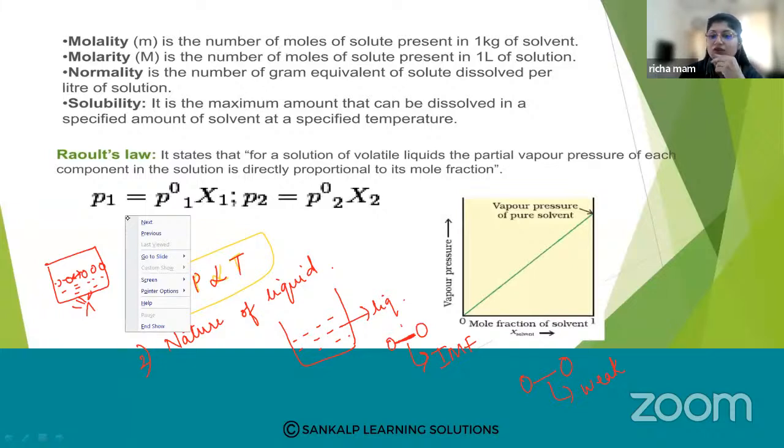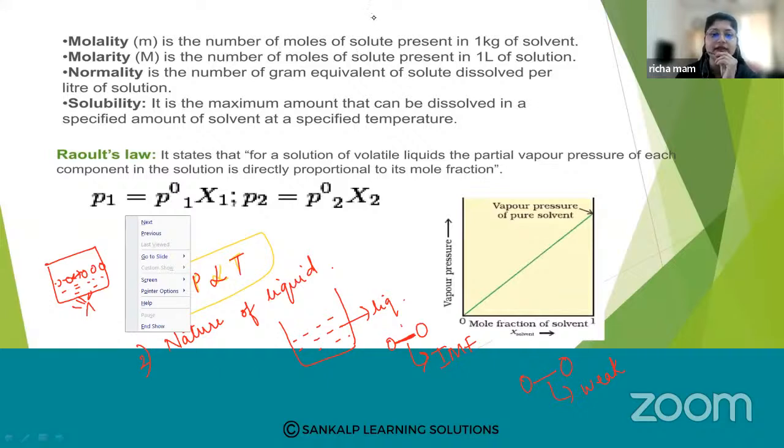So this is in the case of weak intermolecular forces. In the same way, with strong intermolecular forces, it is very difficult to break, the number of vapors formed will be less, and as a result the vapor pressure exerted will be less. So the nature of liquid also plays an important role.